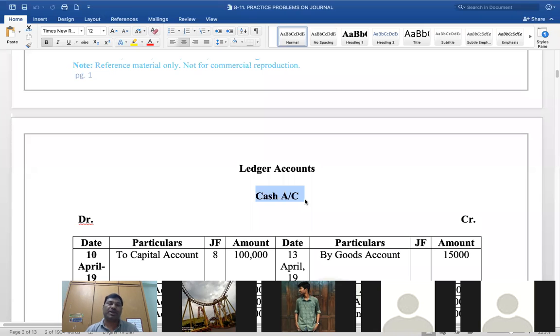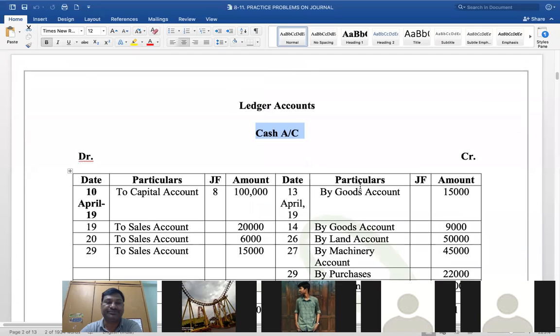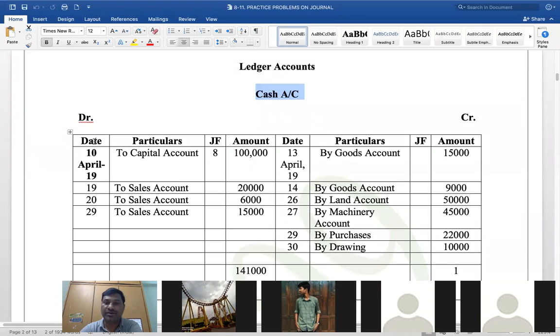At the moment, we are opening cash account, drawing lines exactly like this, whatever you are seeing now. Date column, particulars column, journal folio, amount, date, particulars, journal folio, amount.